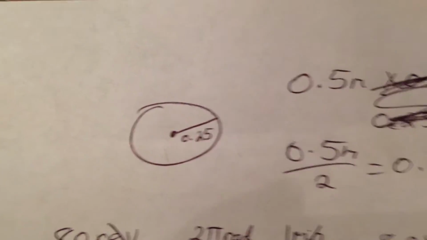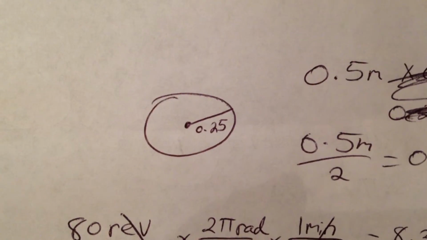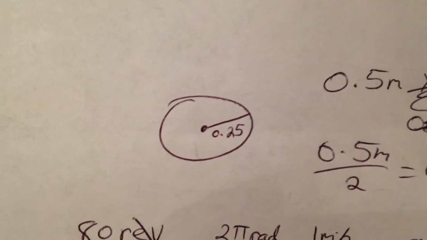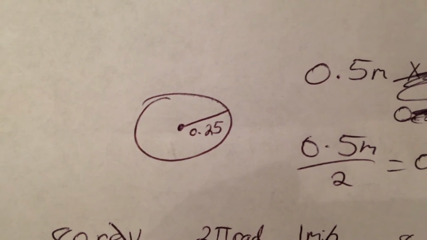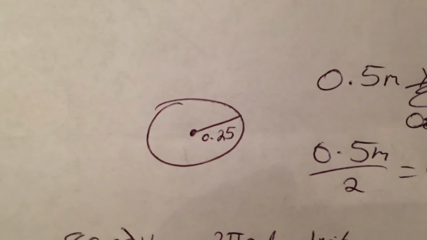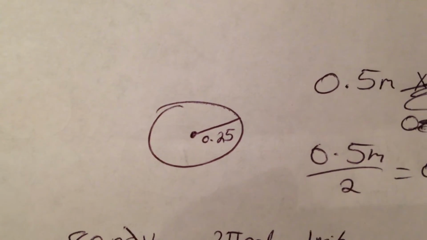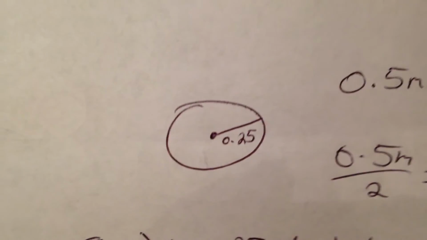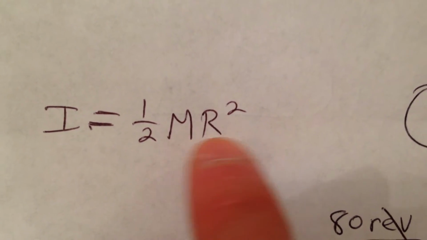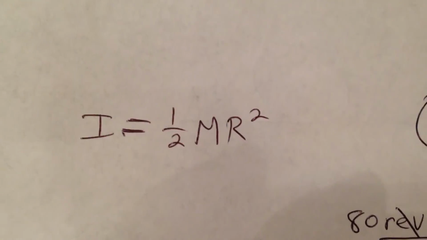Now, because it's rotating, I know that both the inertia and the kinetic energy are rotational. But also, since this is a solid rotating disk, the inertia is going to be equal to a half mr squared.